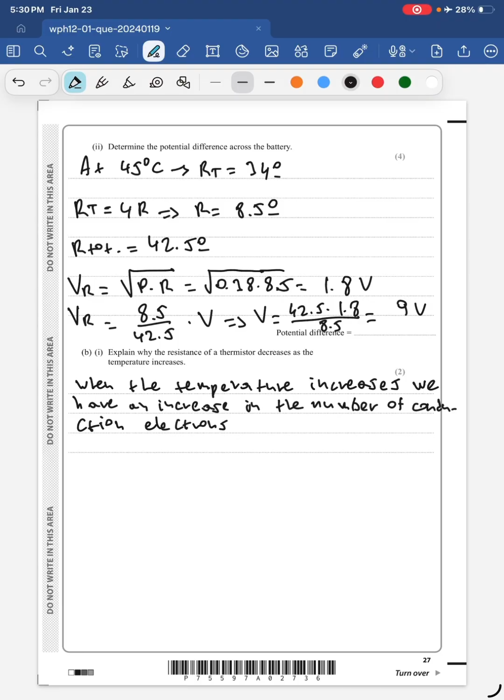Okay, so the current increases. Thus the resistance, which is voltage over current, decreases.